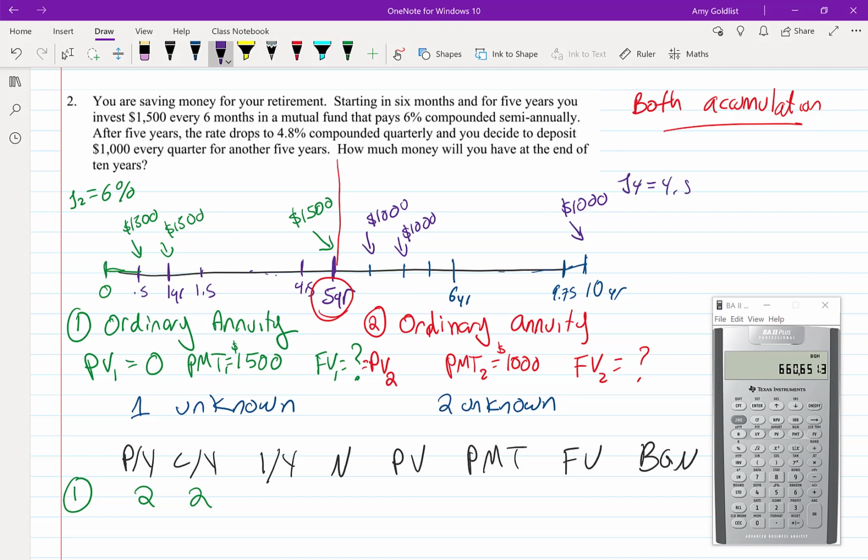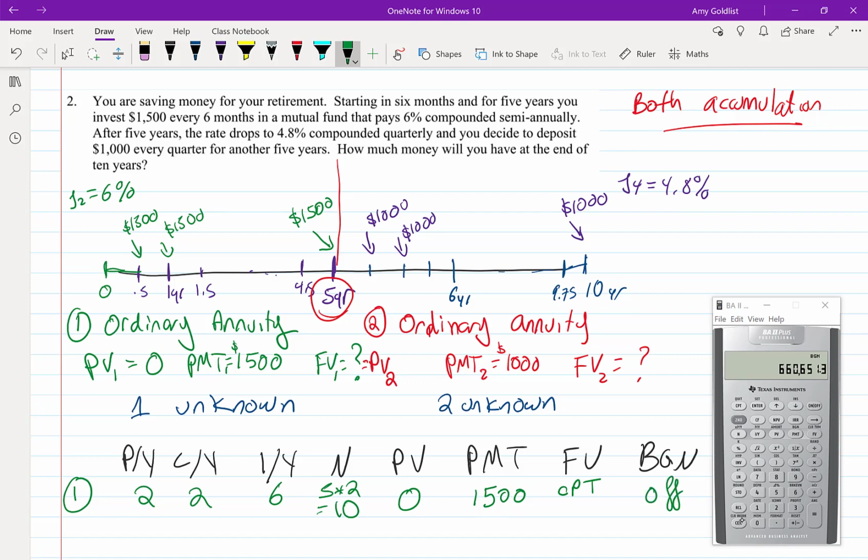J4 equals 4.8%. I think it does. So in here, I'm going to put 6%, and my N is going to be 5 years times twice a year, so 10. My present value, well, that's going to be 0 because I start with nothing, but we're putting $1,500 in. The future value, that's what we're going to try to find, and begin is off.